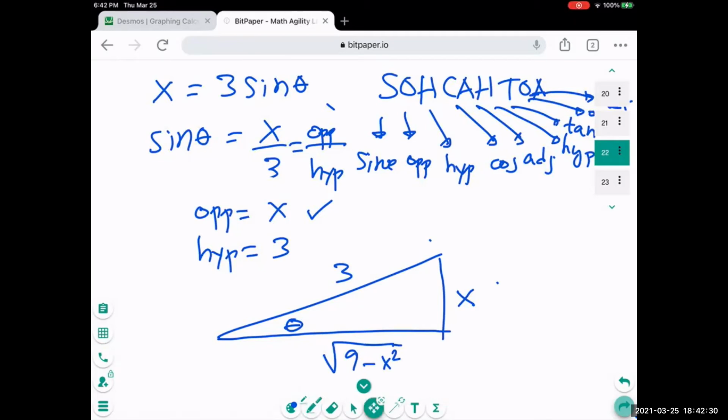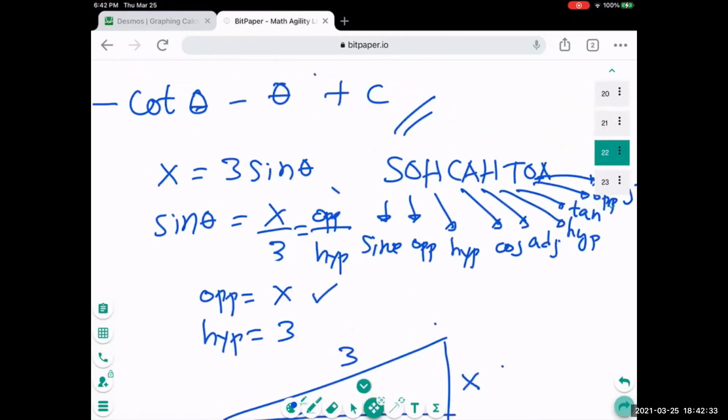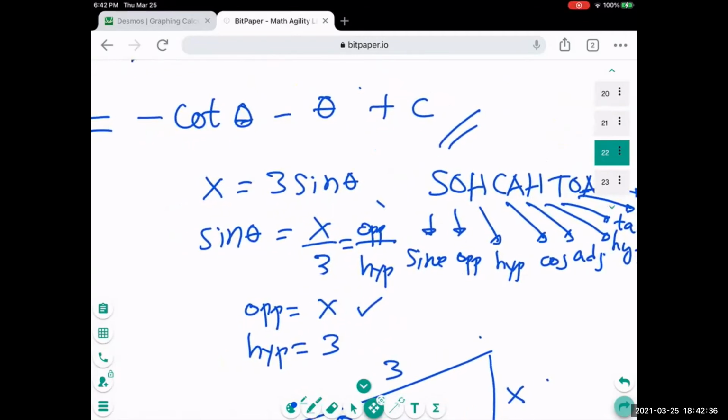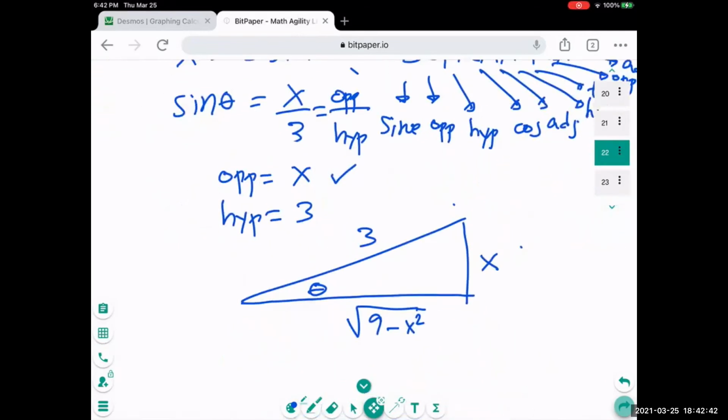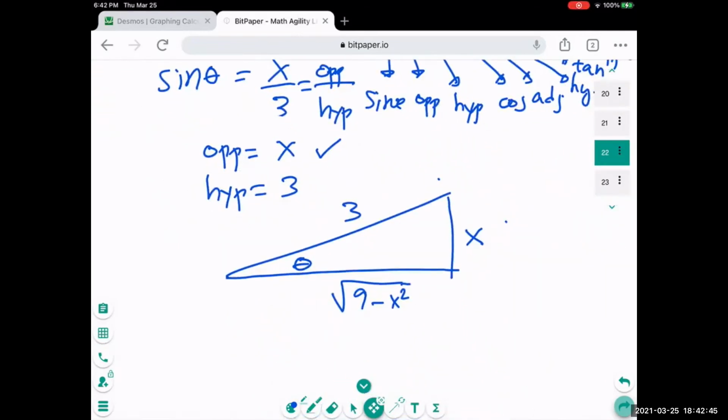So if we go back, yung ating answer is still in theta format. So they're all in terms of theta. So what is cotangent theta? Right? So makikita natin yung tangent theta is 1 over cotangent theta.